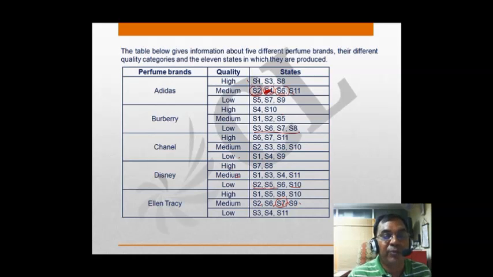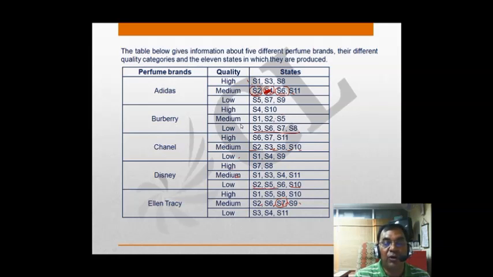So medium quality Chanel, if you will see, is S2, S3, S8, S10. So Adidas, S2 is one common, S3 is not there, S8 is not there, S10 is also not there.